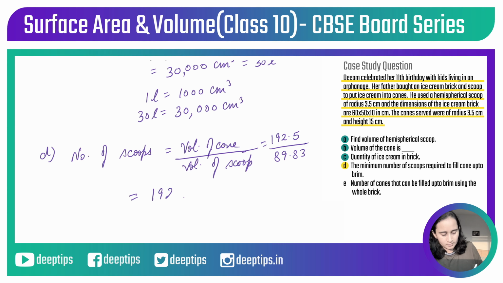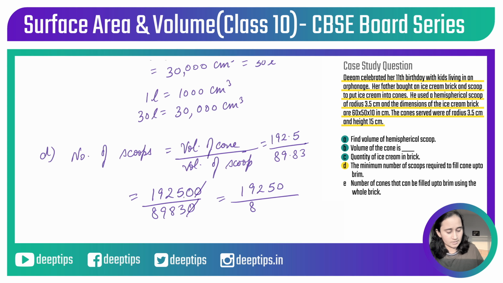So we will remove the decimals first, and if I remove the decimals I have to put zeros. So here when I remove the decimal from 89.83 I'll put 2 zeros up, and when I remove the decimal from 192.5 I put 1 zero down. You know this part. Now cancel out these zeros. Now we are left with 19,250, and in the denominator I have 8,983.